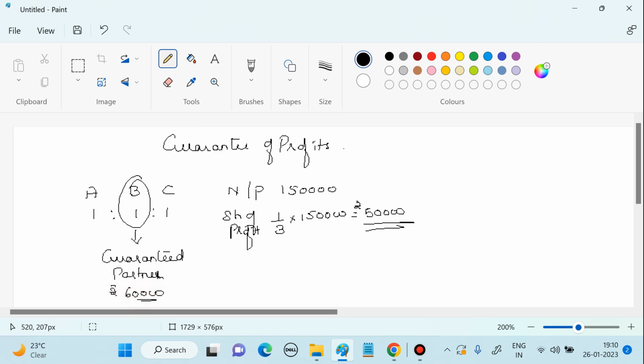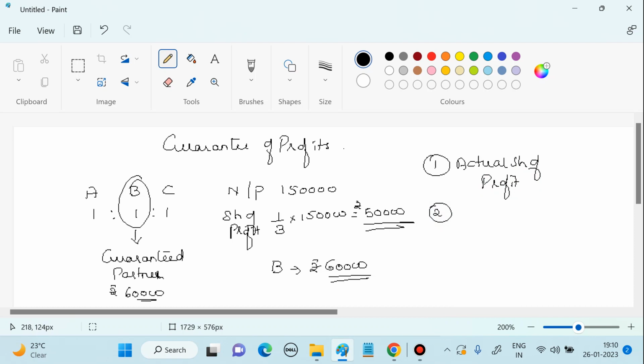So during this year, what happened? Because the net profit was 1,50,000, the share of each partner came to only 50,000. At this point of time, the guarantee of profit will trigger, and B has to be given rupees 60,000. So whenever there is a guarantee of profit in the question, first thing you calculate is the actual share of profit which the partners are getting.